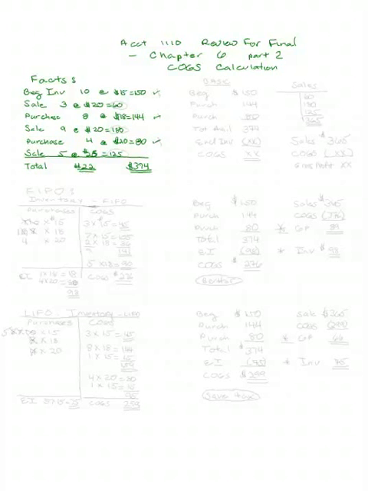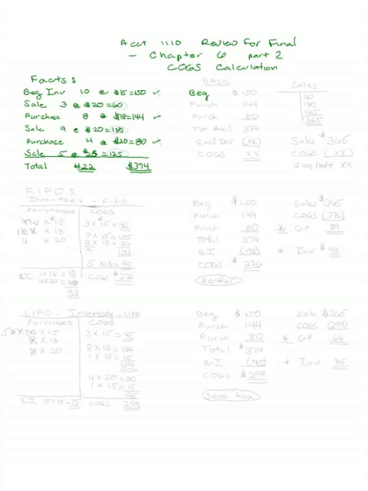If you do things from totals, I'm going to put this in a different format, one that might look to you like what we did when we did the periodic method, but I'm staying with perpetual here.